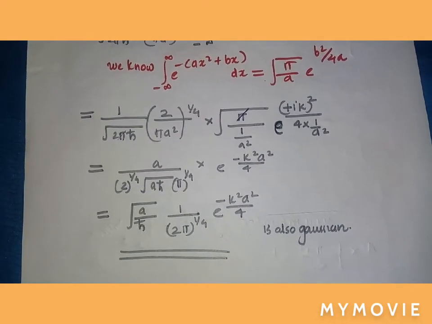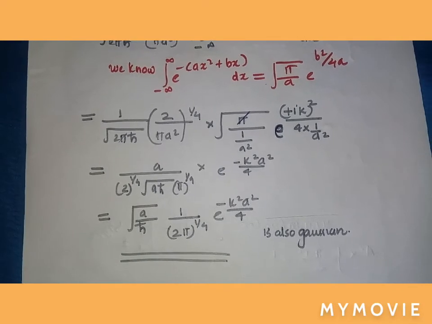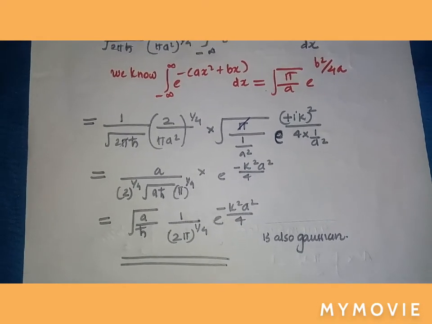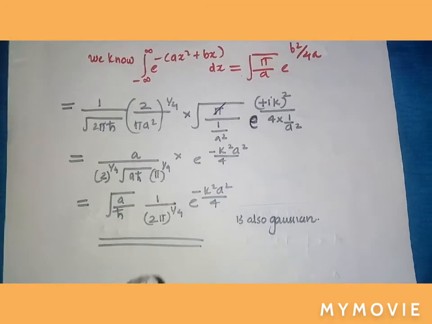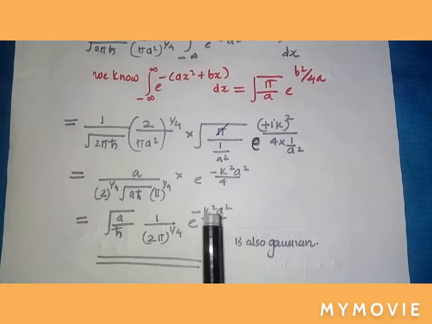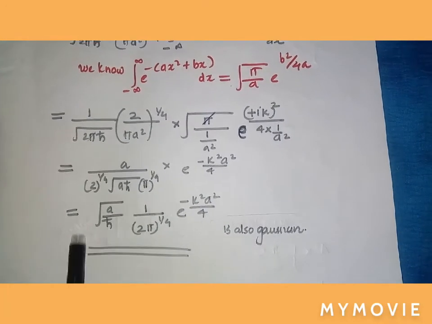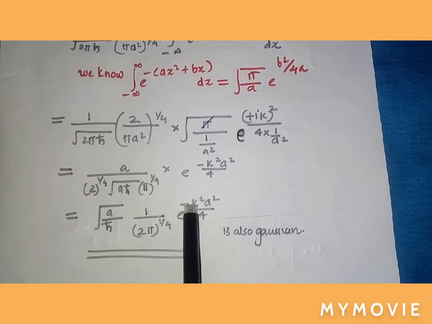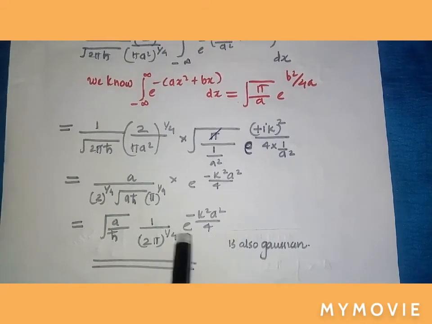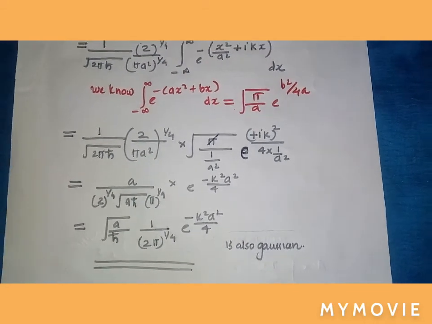So we get the wave function in momentum space as (under root a by h cut, 1 by 2 pi) all power 1 by 4 e raised to minus k square a square divided by 4. This is in k space. So we get it in the form e raised to minus a k square, so it is also a Gaussian.